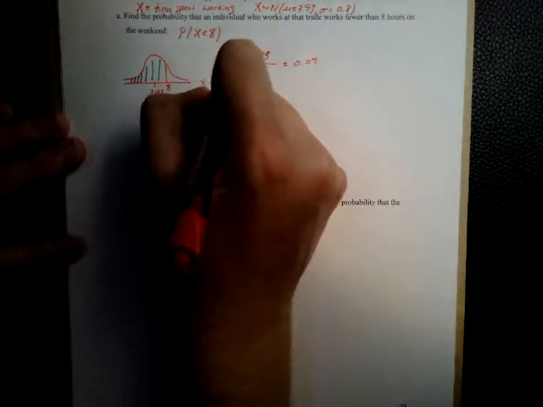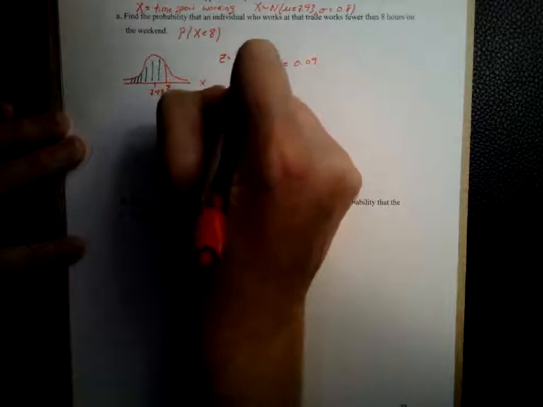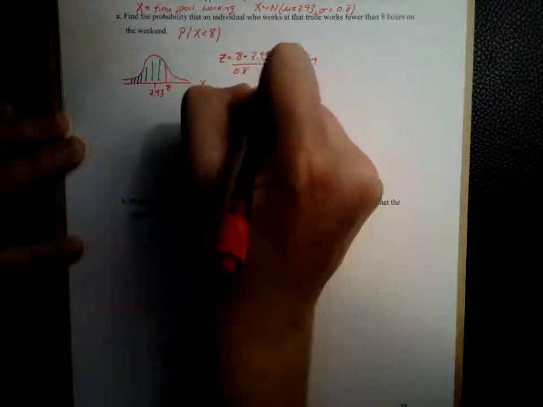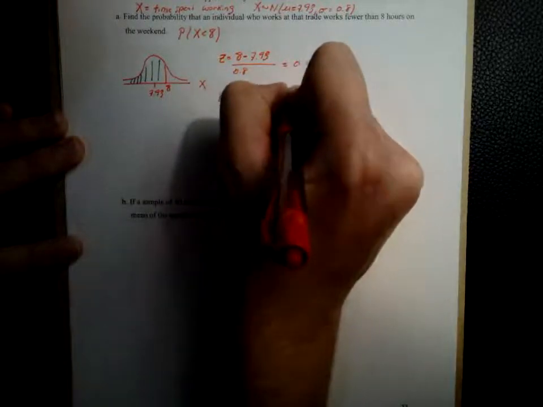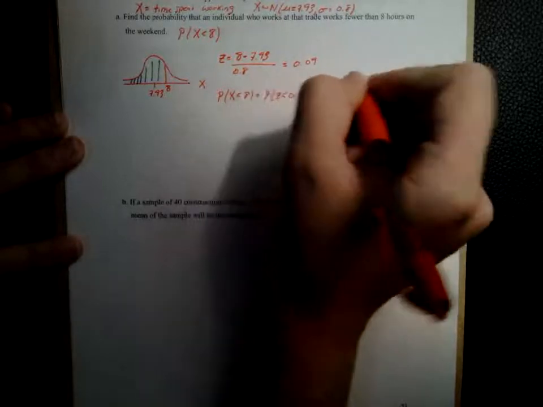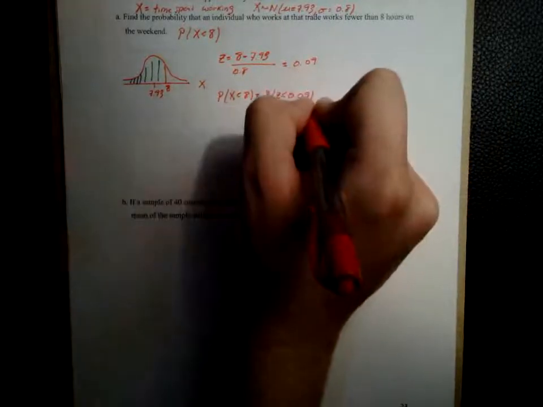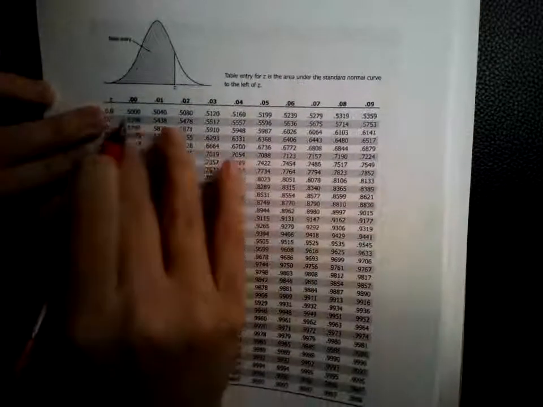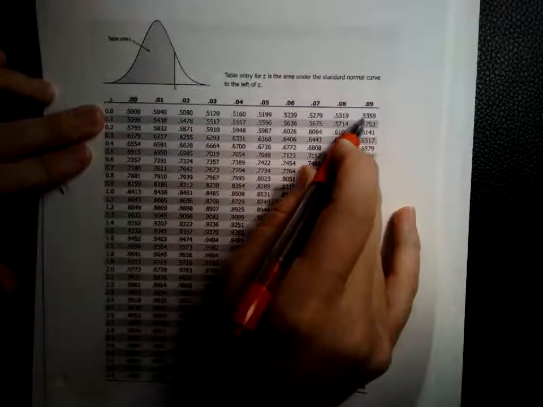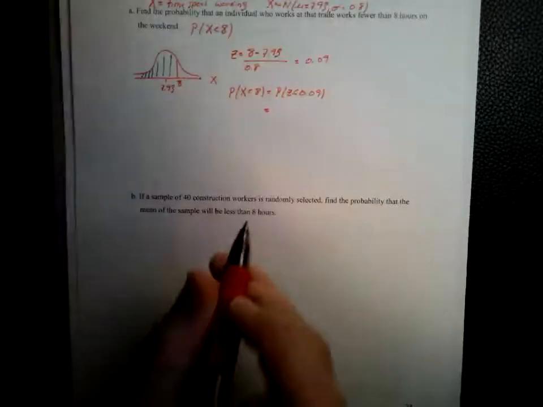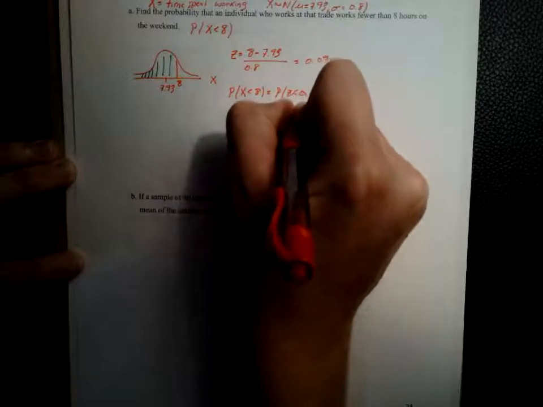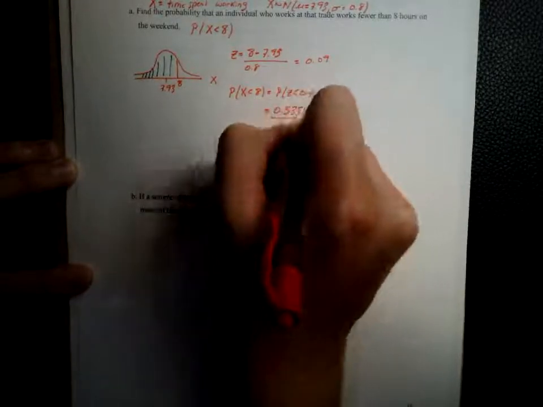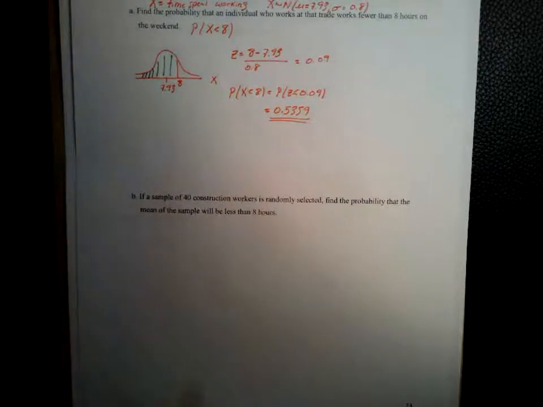Then that says the probability of x being less than 8 is the same as the probability of getting a z-score less than 0.09. And we can find this area in the table easily. Just go to 0.0 and then over to 9, and that is 0.5359. And that is our answer for the first part.